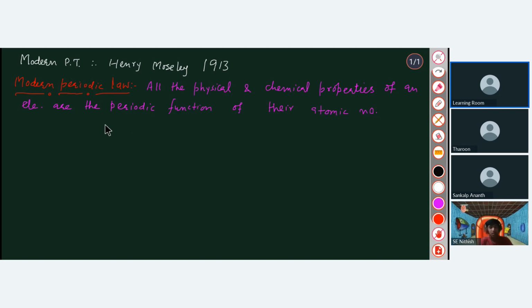So what Henry Moseley saw was that the frequency of the X-rays emitted by some atoms was directly proportional to their atomic number. That is why he told that all the physical and chemical properties are not dependent on the atomic mass but on the atomic number.